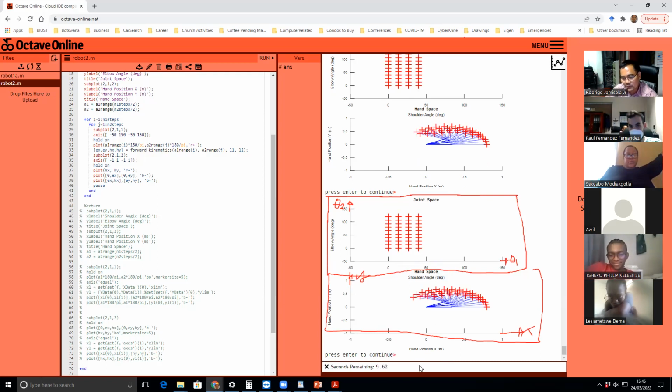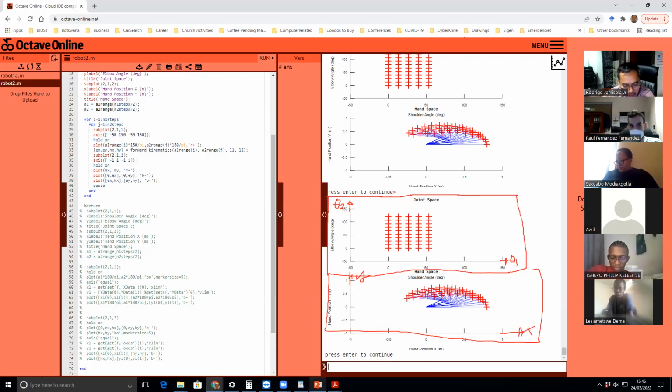If you don't want a fan-like movement, then it's not very meaningful. So that's what happens when you do this forward kinematics motion.